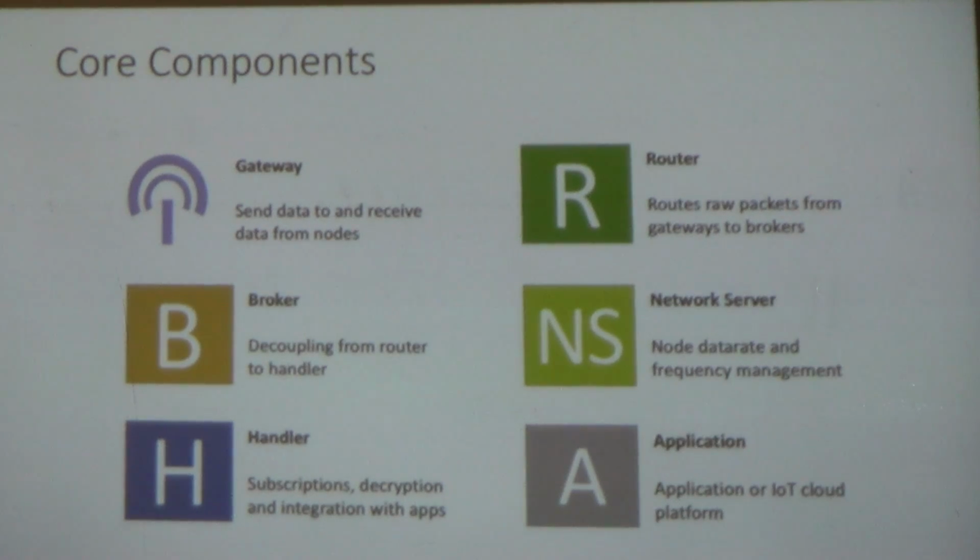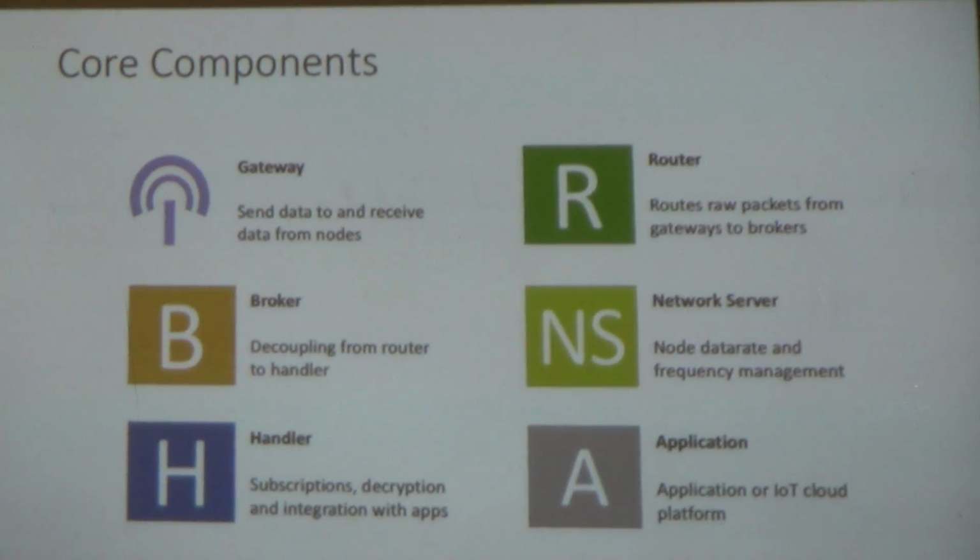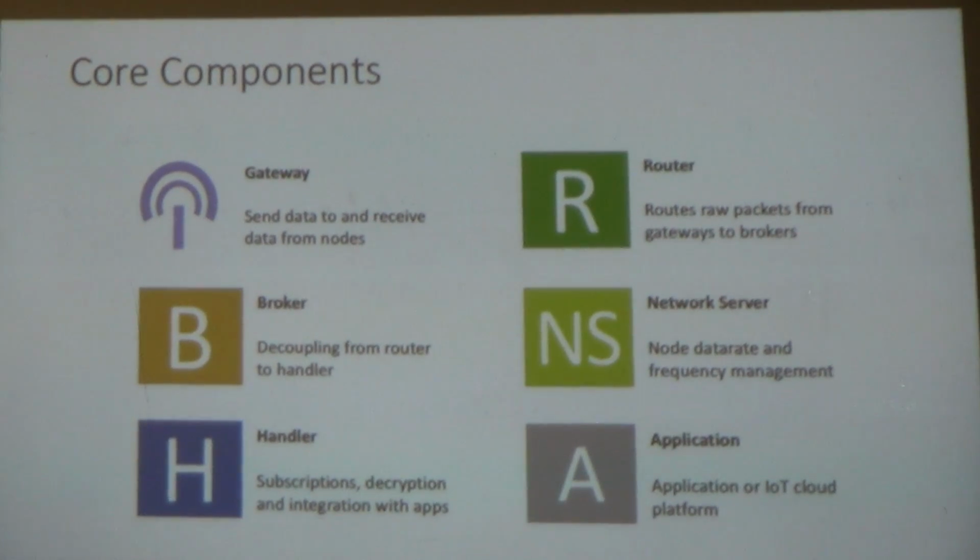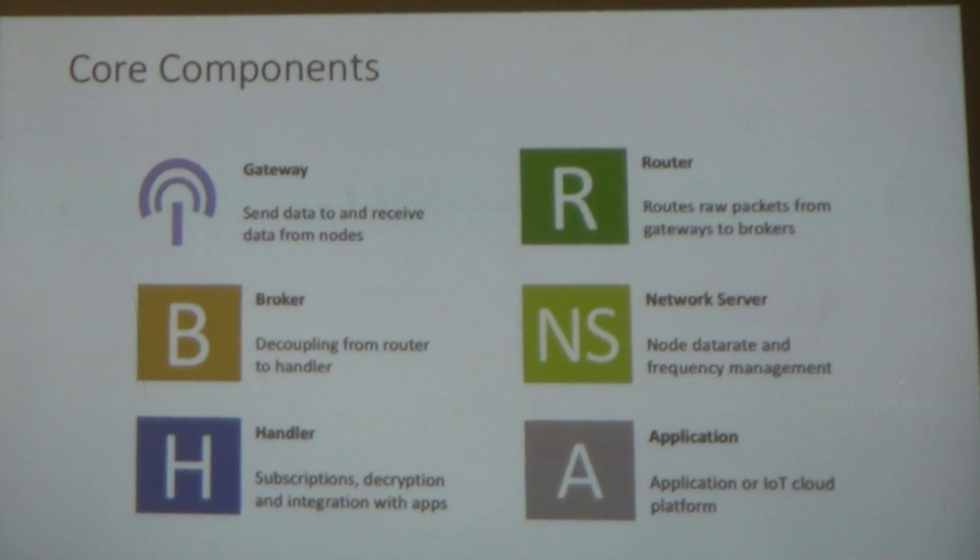So these components are also part of the architecture that I will present in a few sheets. The R is the router. The router gets the data from the gateway and sends it to the broker. The broker basically decouples the router and the handler, and that is where the trust comes together, as I just introduced.